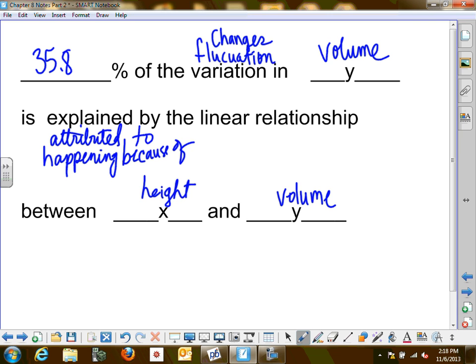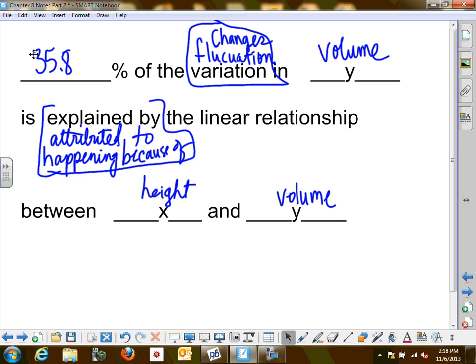Any of those are more layman's terms, more regular vocabulary, to make it make a little more sense. So 35% of that fluctuation in all of those different volumes of trees is happening because there's a linear relationship between height and volume.